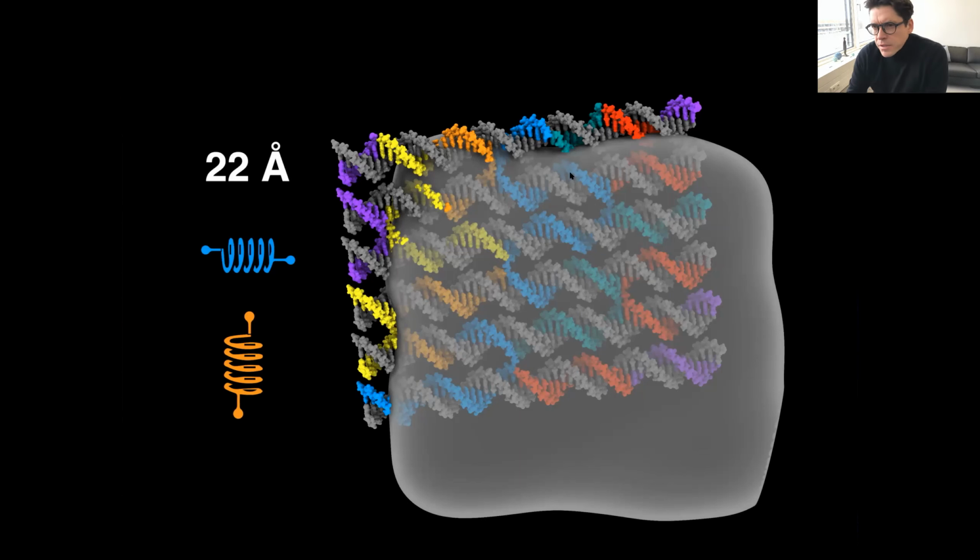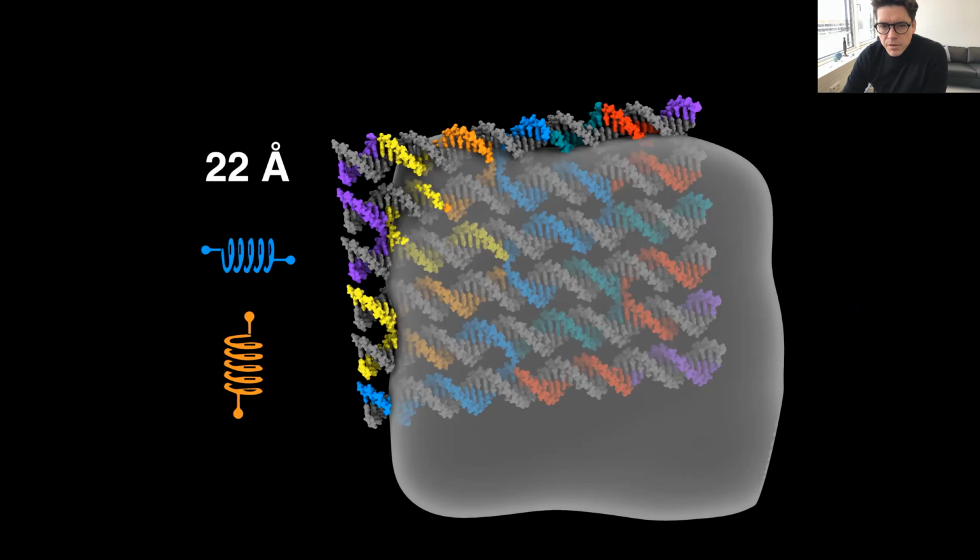So this method is called MD flexible fitting, originally conceived by Klaus Schulten for atomic model construction with proteins, and we adapted this for making atomic models of DNA origami structures fitted into the experimentally derived cryo-EM density map.